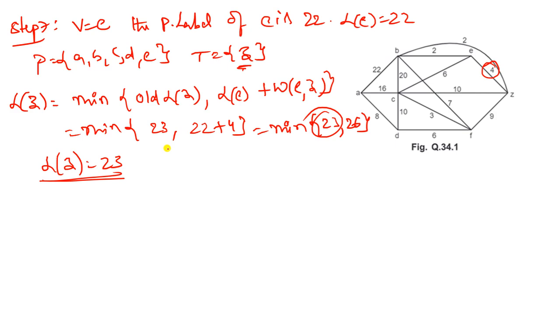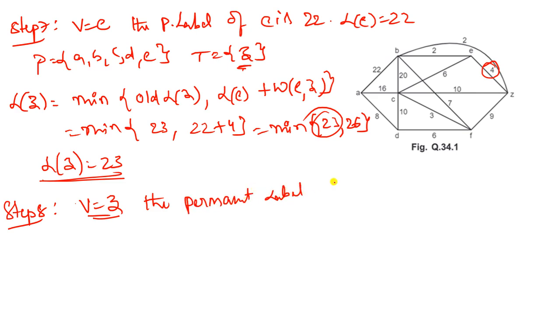When V is equal to Z, because here only one label, when V is equal to Z, then we have to stop the procedure. Okay, in step 8 what we have to write? V is equal to Z. So here the permanent label of Z is what? 23. Okay? So whichever path you take from A to Z, the length of the path is 23.